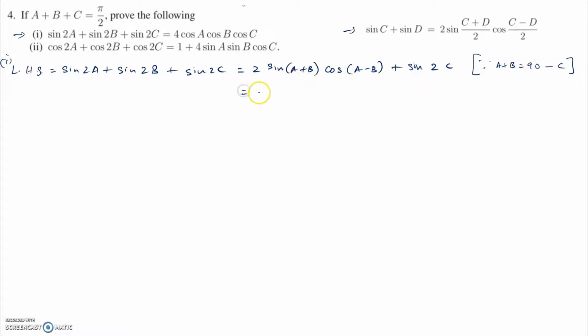So, this becomes 2 times sine of 90 minus c, cos of a minus b, plus sine 2c. Now, sine of 90 minus c is nothing but cos c. So, this is 2 times cos c cos of a minus b plus sine 2c.